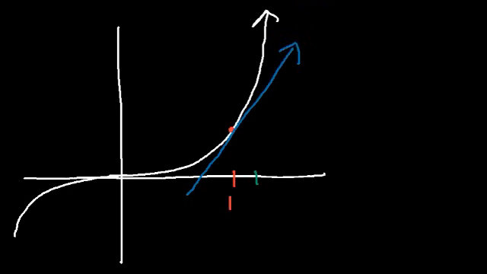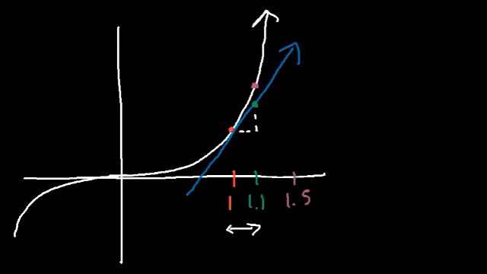Let's say this is 1.1. And over here, let's say this is 1.5. So at 1.1, delta y and dy does not vary much.